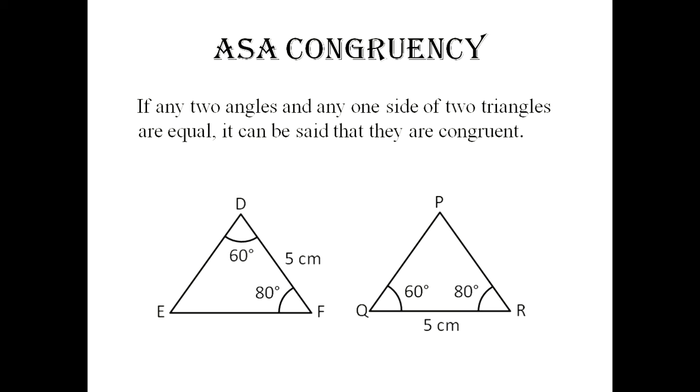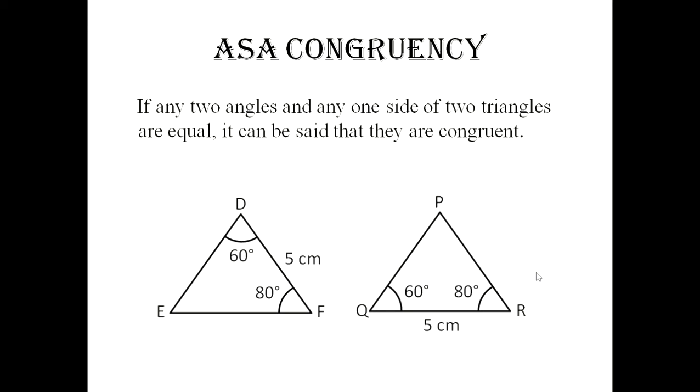In the first diagram angle F is 80 degrees, and in the second diagram angle R is 80 degrees. In the first diagram, the side DF is 5 centimeters. In the second figure, side QR is 5 centimeters. So that means one side is equal and two angles are equal.